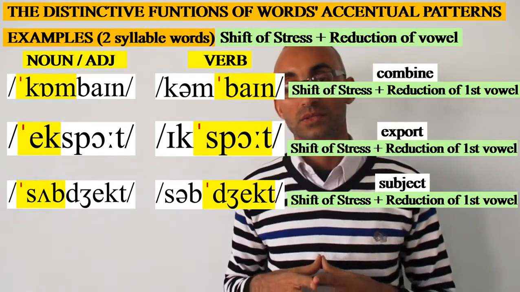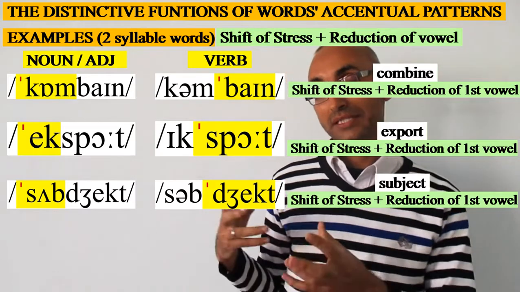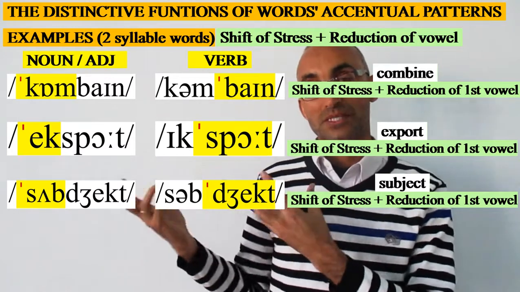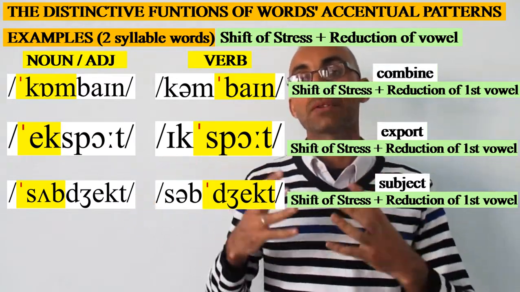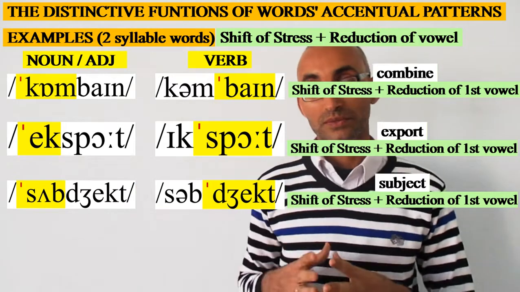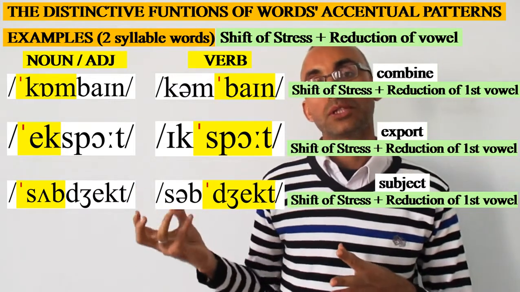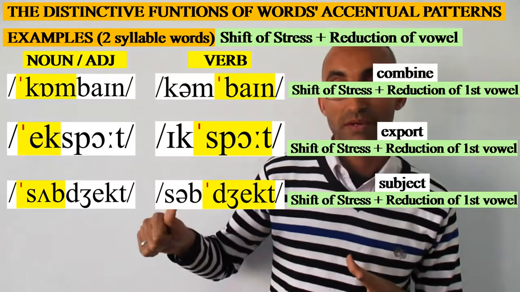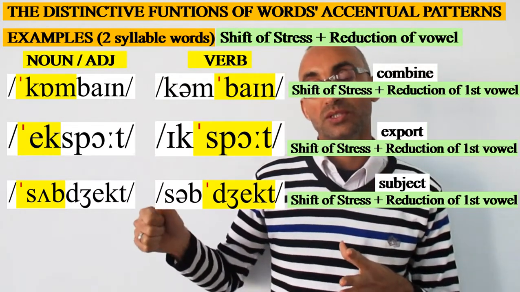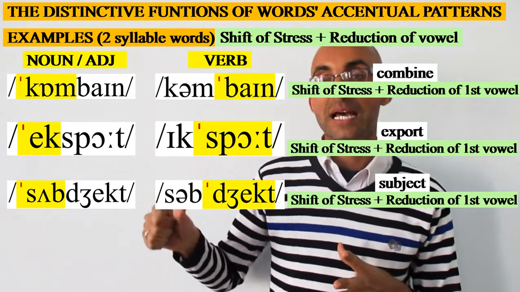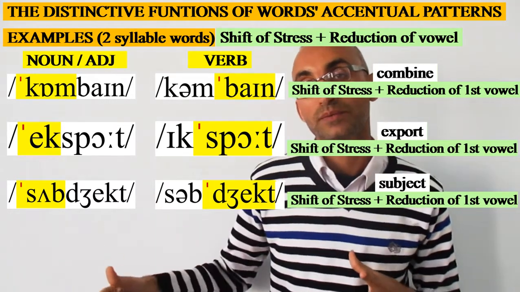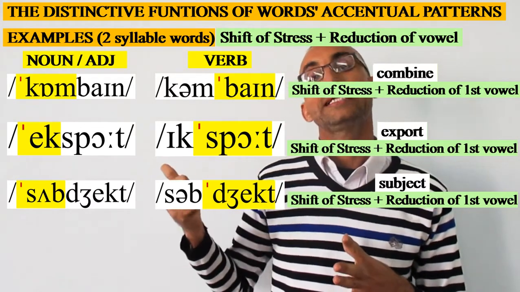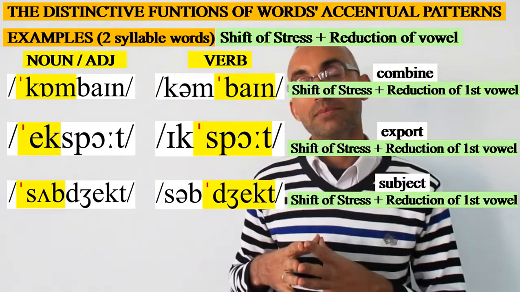But if we see the difference in the accentual pattern in the two words, I can discover that in the noun subject, the first syllable is stressed. And if I change the stress position from the first syllable in the noun to the second syllable in the second word, here the word becomes a verb.